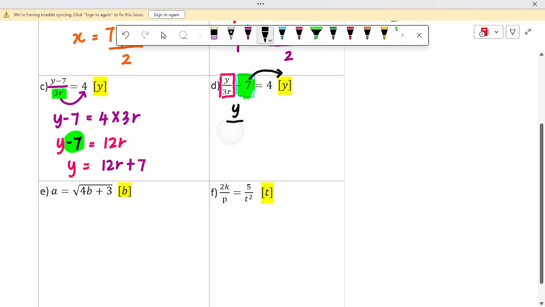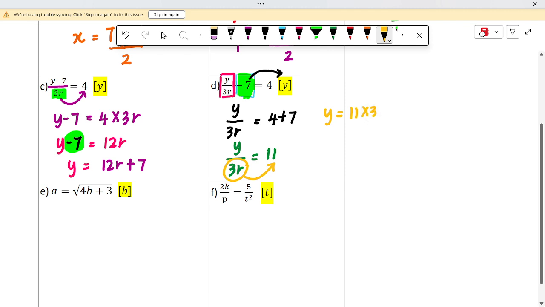So y over 3r equals 4 plus 7. This is your first step, which will give you y over 3r equals 11. Next step, yes, you will remove your denominator. To remove your denominator, over means divide, shift up, you will get times.